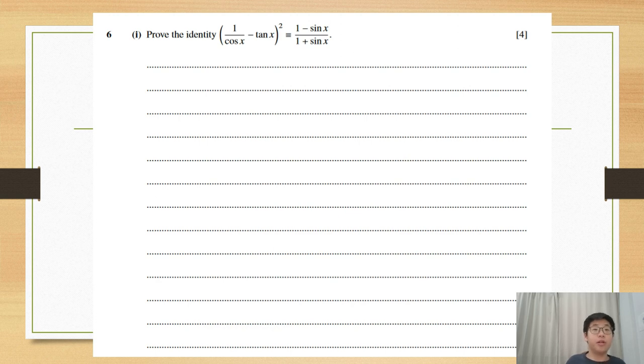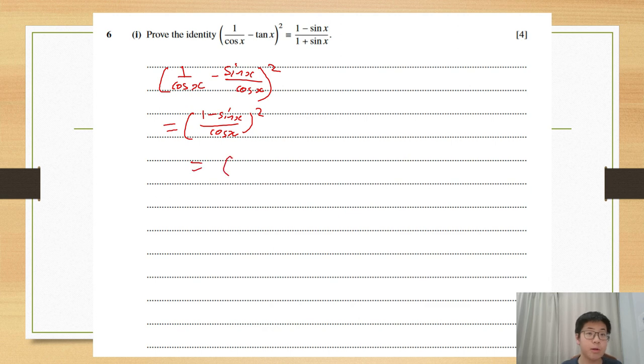First, we'll need to express tan in terms of sine and cos. So (1 over cos x minus sine x over cos x) squared equals ((1 minus sine x) over cos x) squared equals (1 minus sine x) squared over cos squared x, and if we calculate, 1 minus 2 sine x plus sine squared x over 1 minus sine squared x.